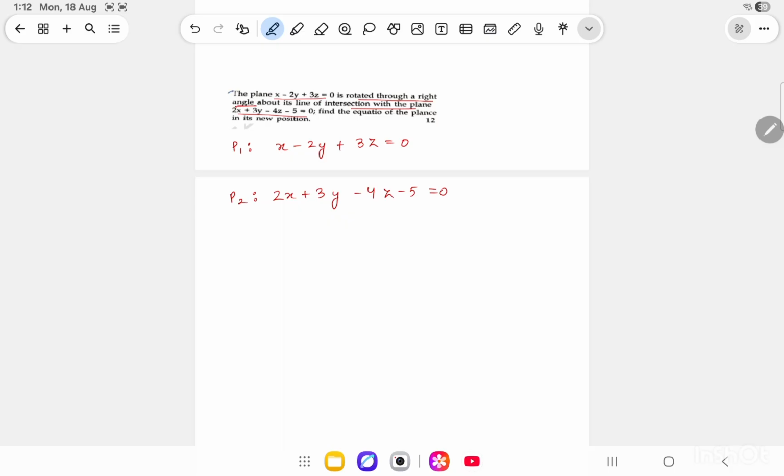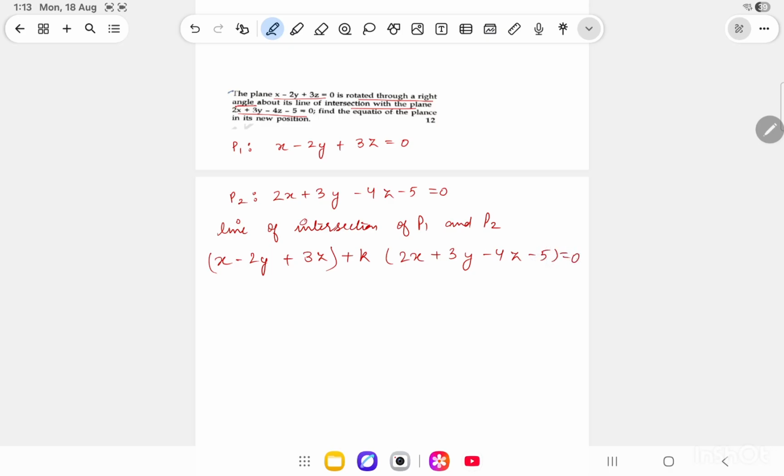So plane 1 is rotated about the line of intersection of P1 and P2. The line of intersection of the P1 and P2 planes will be x minus 2y plus 3z plus k into (2x plus 3y minus 4z minus 5) equals 0.